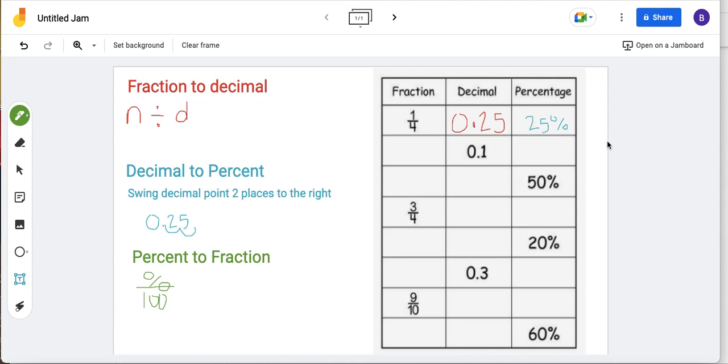So if we look at the third line on the table on the right, 50%, we would put 50 over 100. And then simplify that. 50 divided by 100 is equal to 1/2.